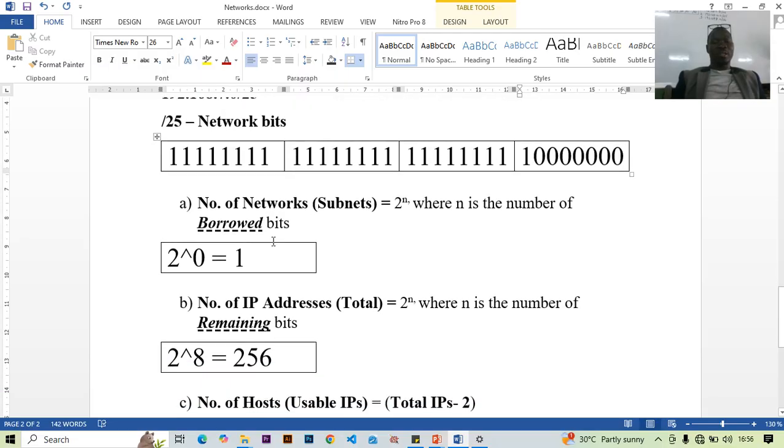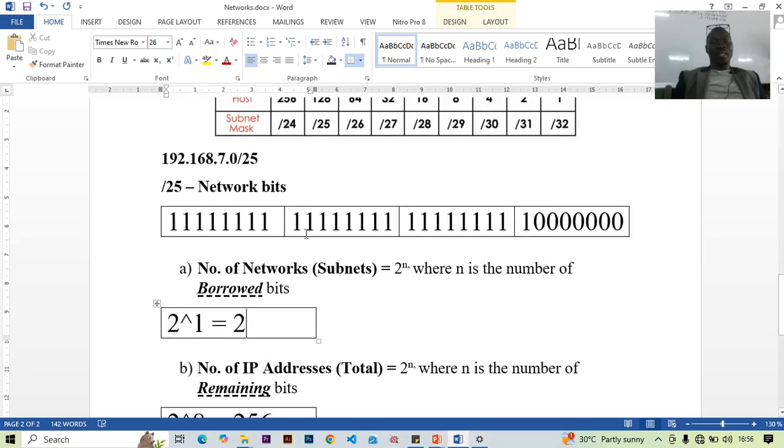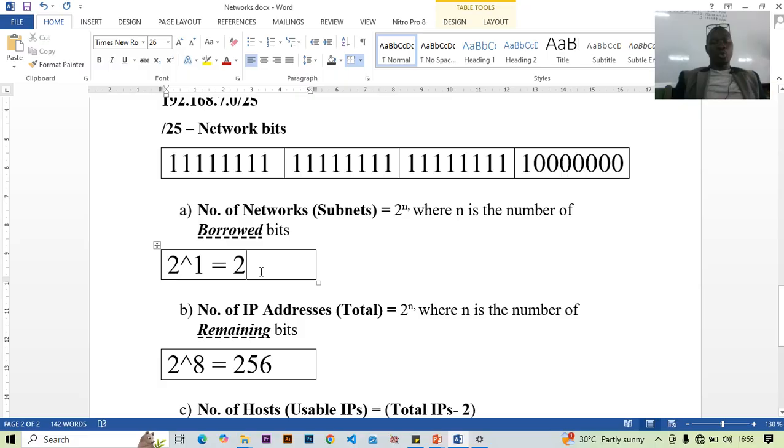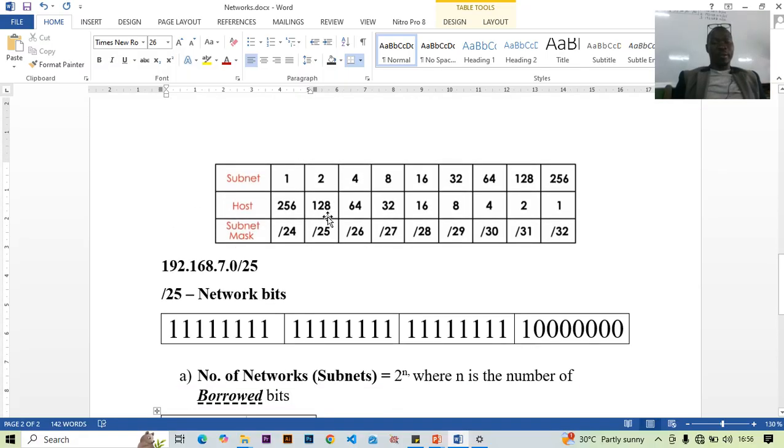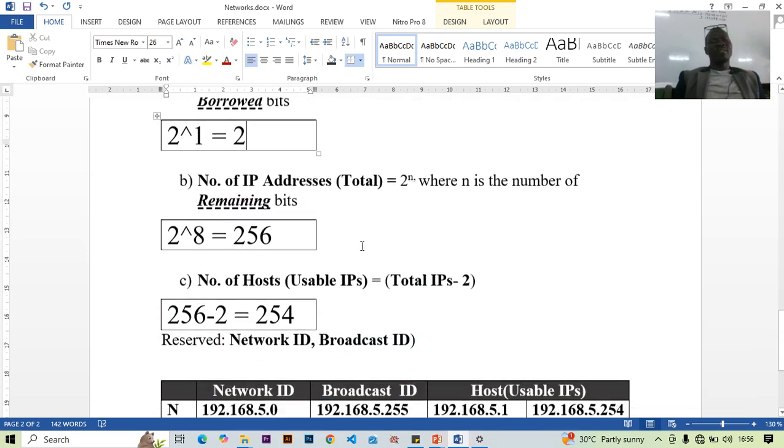So we say 2 to the power 1, and 2 to the power 1 will give us 2. So with this /25 network, we can create at least 2 networks or 2 subnets. It agrees with what we have in our reference table here, where it says /25 can give us 2 subnets. So that is very true.